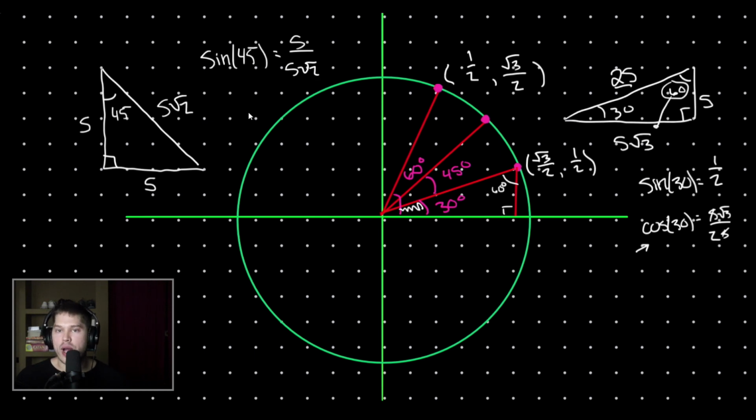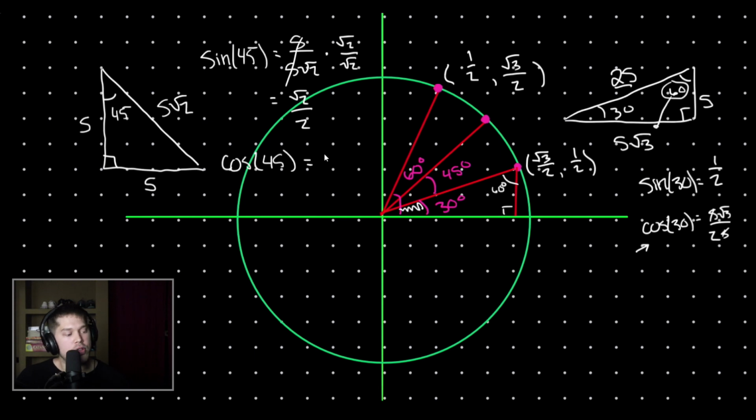Now we cannot have a radical in our denominator, so to rationalize the fraction, we're going to multiply it by root 2 over 2. And our s's cancel, of course, so this simplifies to root 2 over 2. So sine of 45 is root 2 over 2. And notice that cosine of 45 is also going to be s over s root 2.